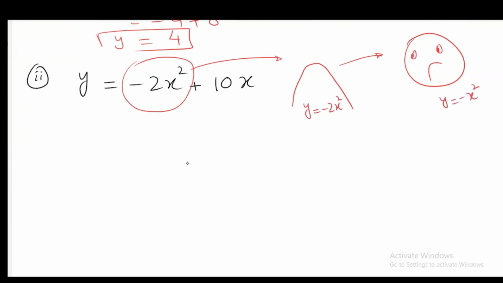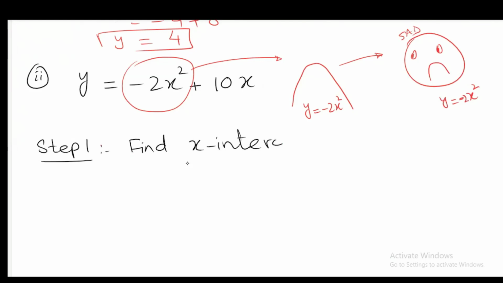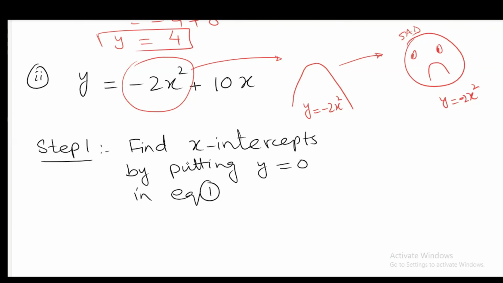Now, the first step is to find the x-intercept by putting y equal to 0 in the original equation, which is equation number 1.